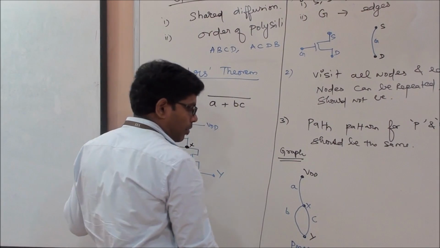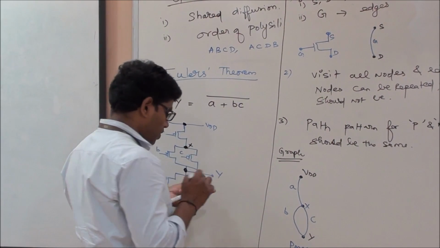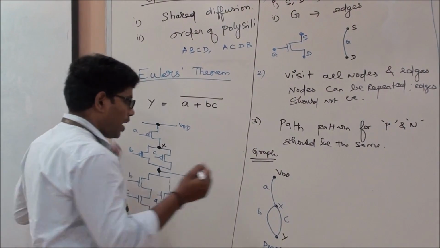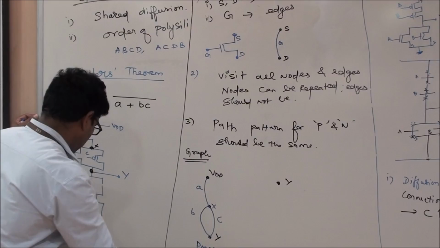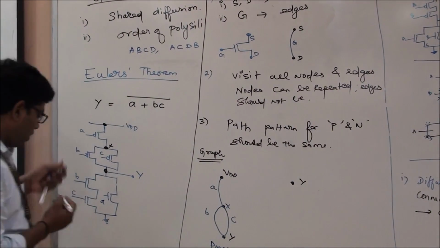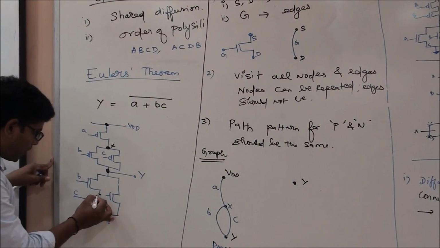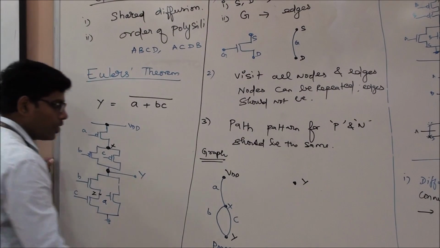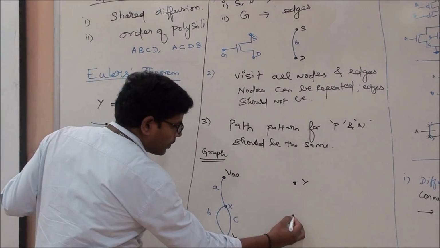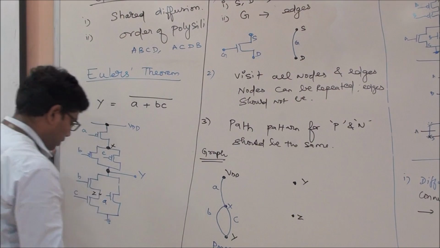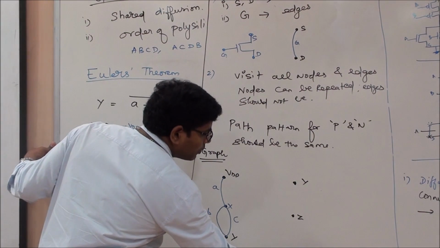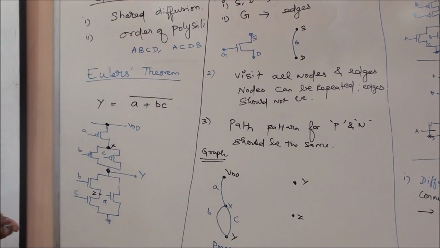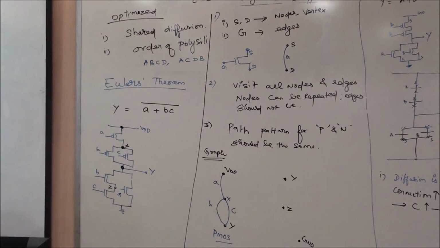Let me take it for an NMOS. For the NMOS, you start from say Y. Then let me have this point to be the Z point. So one node is Z, another one is ground. These are the three vertices.